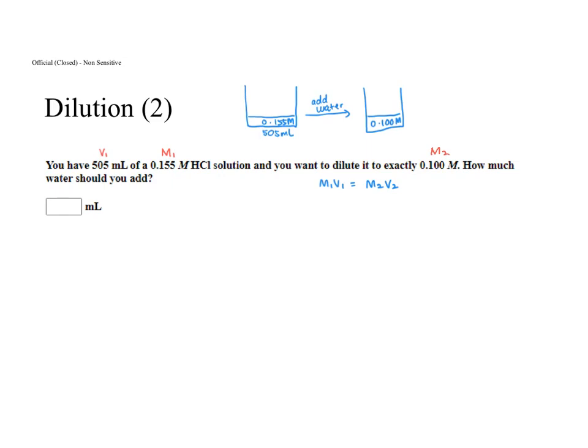So let's start by finding out what is V2, your final volume, which you still don't know. So rearranging the equation, V2 equals M1V1 over M2. Let's substitute these values in.